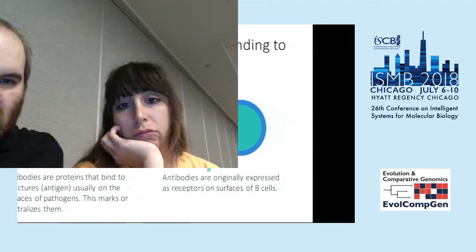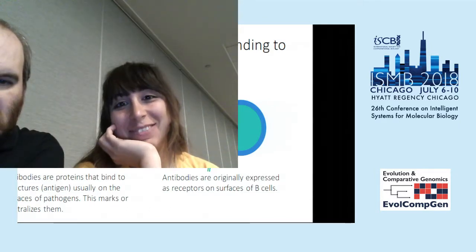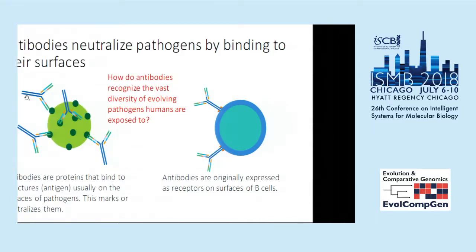And the answer to that is essentially an evolutionary one, and it relies on the fact that antibodies begin their lives as receptors on the surfaces of B cells, creatively called B cell receptors.